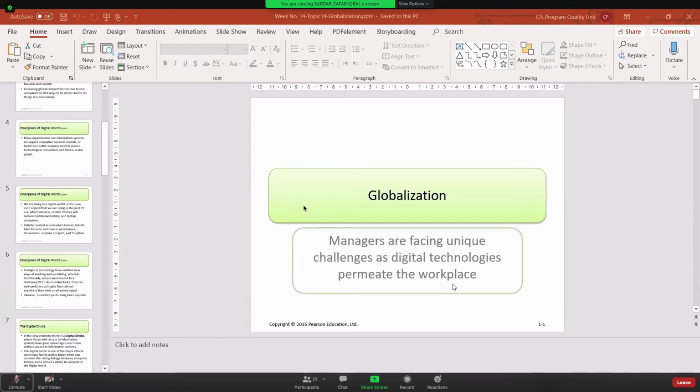Globalization, the whole world is there. All countries are sharing information, infrastructure, exchange of information, the culture, language, a lot of things that can impose a challenge when it comes to globalization with regard to the technology.